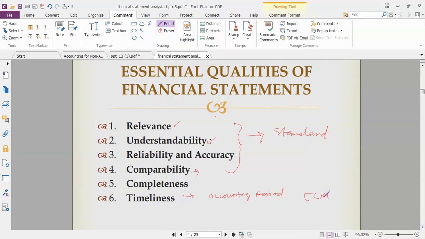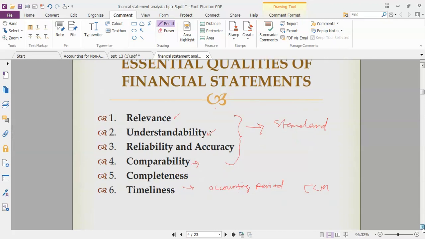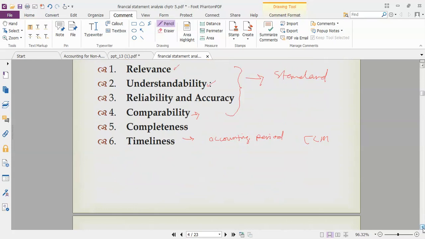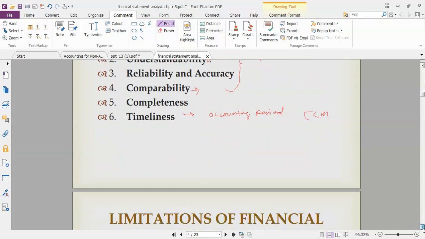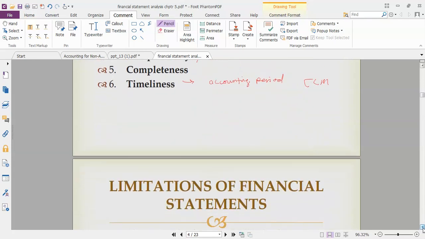It's an obligation for all of the business to submit the financial statement to the CCM. Companies Commission, I can't remember what it stands for, but in Malay we call it Suruhanjaya Syarikat Malaysia.